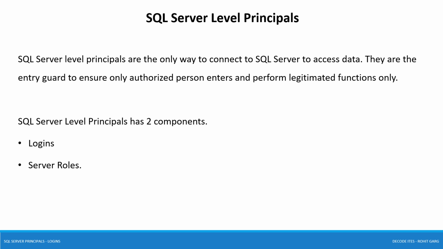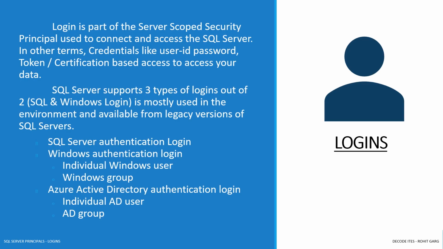SQL Server level principles have two components, logins and server roles. A login is part of the server scope security principle used to connect and access SQL Server. In other terms, credentials like user ID, password, tokens, or certificate-based access to your data are known as a login.